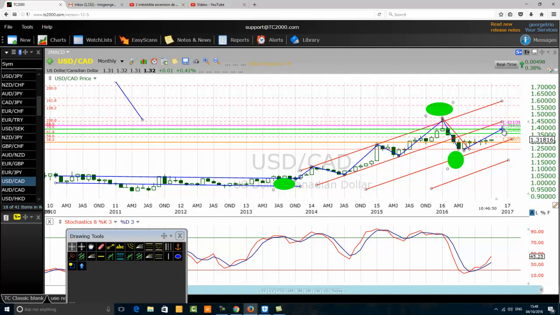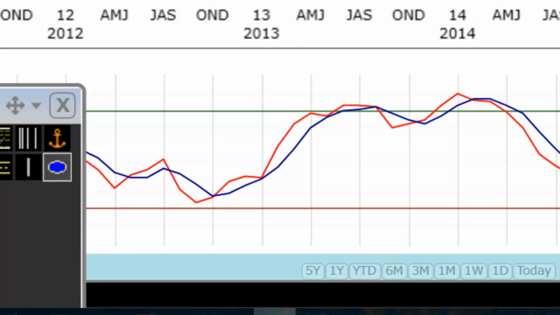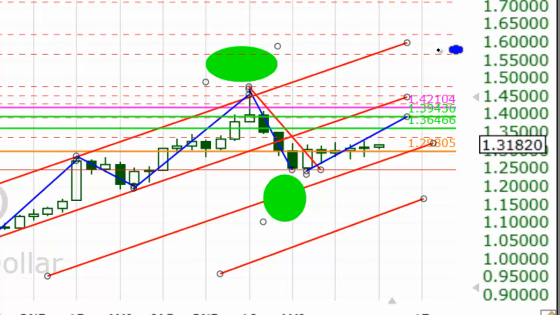So after that, we can also focus, because we know now that the pattern is underway. If the price reaches that zone between 136.46 and 139.43, there will be sellers waiting there to sell.